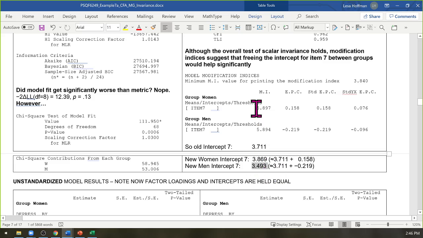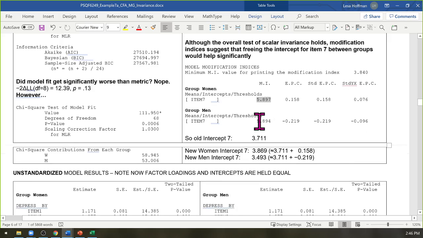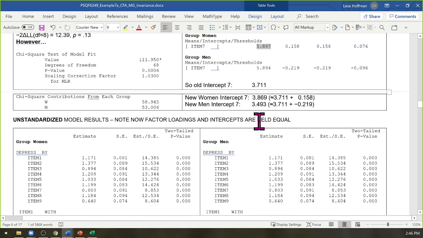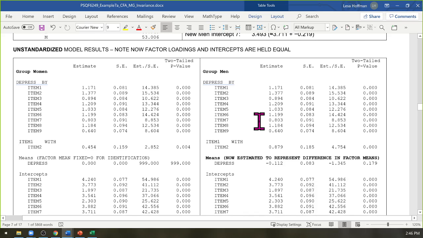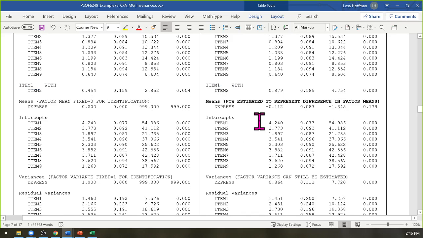So it's telling you what difference in fit would result if you free just that intercept and what the new expected intercepts would be. So I'm going to take that advice and see what happens if I loosen the constraint on just that item.